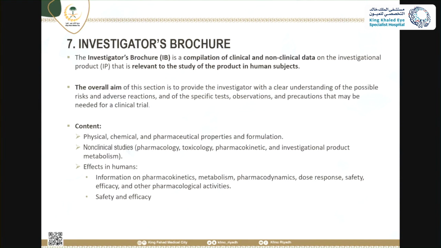This is a compilation of clinical and non-clinical data. It includes the preclinical data, starting from pharmacology, toxicology, pharmacokinetics, and drug metabolism. Also, we have it at the level of clinical phase 1, phase 2, phase 3, where we should have information about the pharmacokinetics, metabolism, pharmacodynamics, dose response, safety, and efficacy of the drug itself.